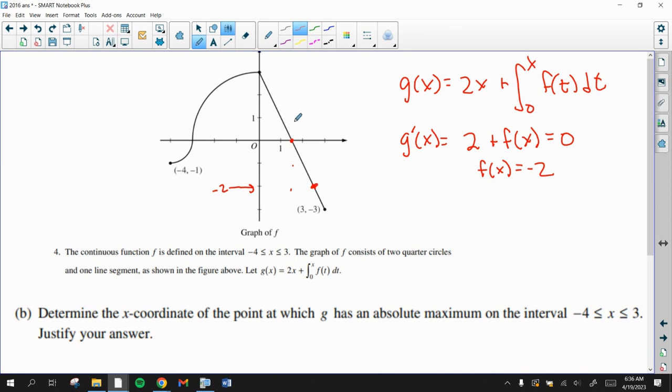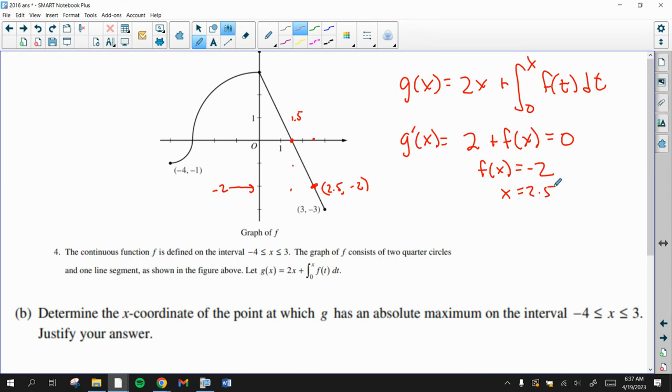So right here it was 1.5, so right here, it would be 2.5. So f of x equals -2 when x equals 2.5.